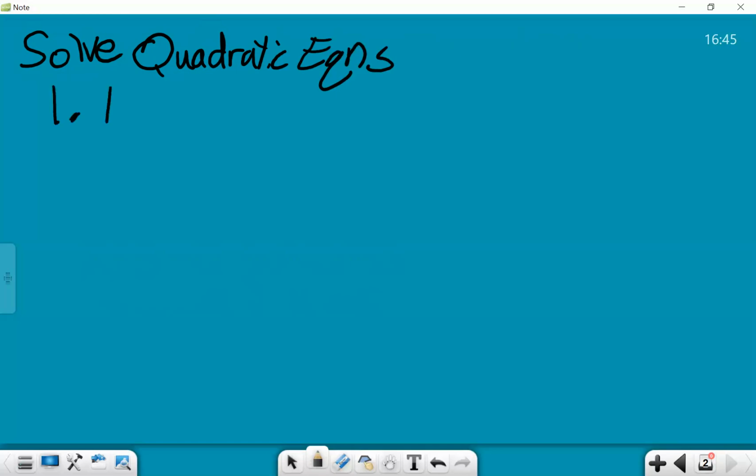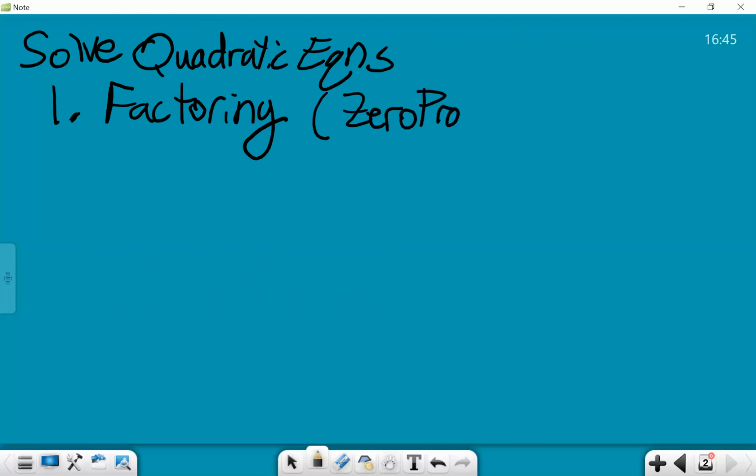The first is factoring and setting each piece equal to 0, which again, I mentioned is called the zero product property. Some textbooks refer to this as the zero product property quite frequently. Others maybe only mention it at the beginning, but if you want to look it up later, zero product property will be what it's referred to as.